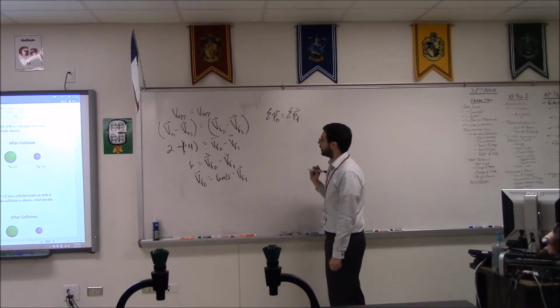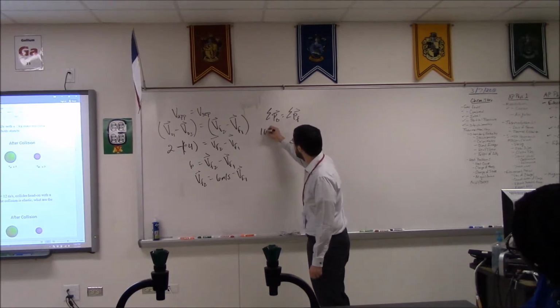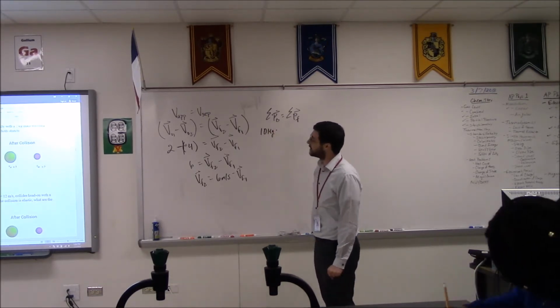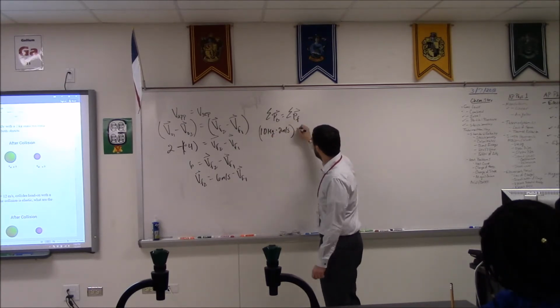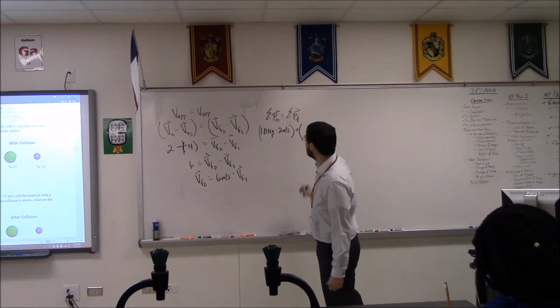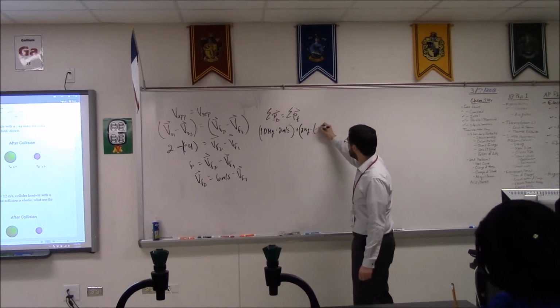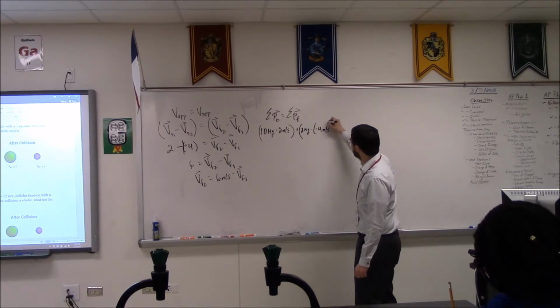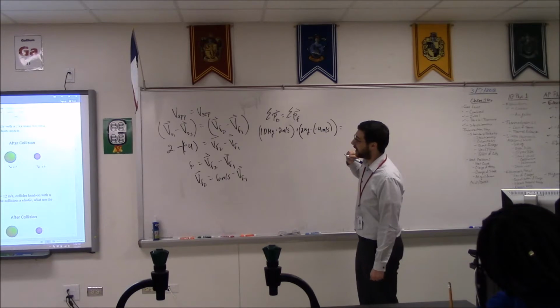Alright, so now let's see here. The mass of the first object was 10 kilograms, so 10 kilograms times its initial velocity, 2 meters per second, plus the mass of the second object times its initial velocity, negative 4 meters per second, equals the after part.